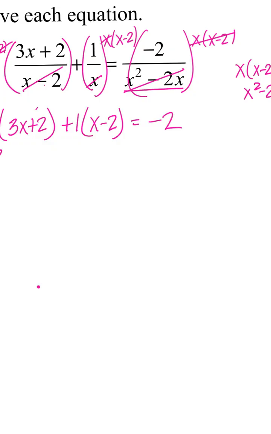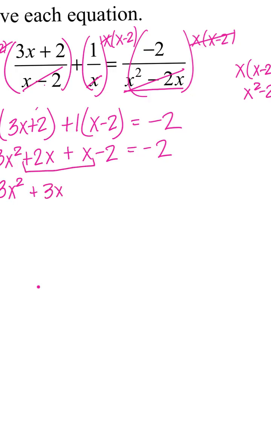All right, so we got 3x squared plus 2x plus x minus 2 equals negative 2. So I'm just going to move everything around. So I've got 3x squared, 2x plus x is 3x, and that's minus 2 equals negative 2.